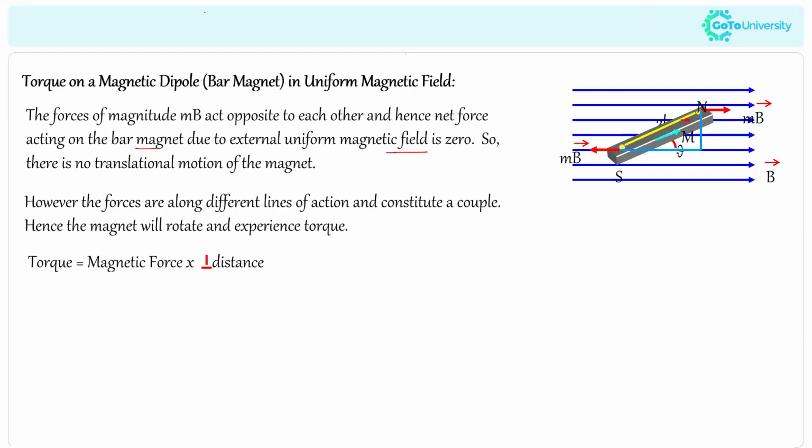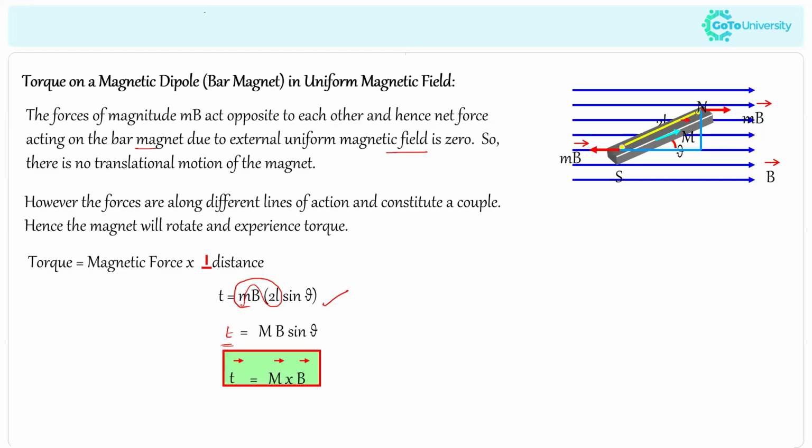Torque is equal to magnetic force times distance, like our turning effect moment. The formula we can use is torque equals m B times 2l sine theta. Here m times 2l represents the magnetic moment, so we can write torque equals m B sine theta.